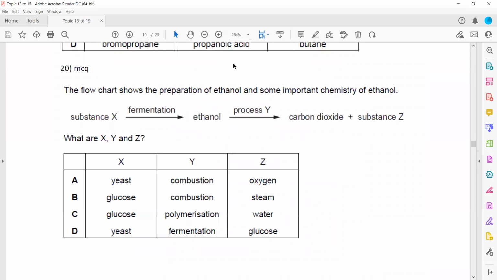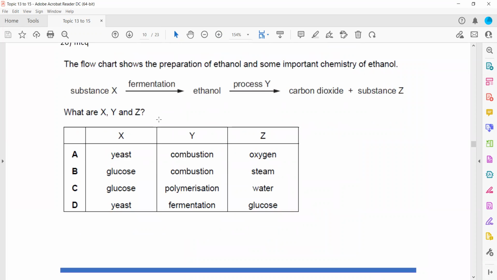In question 20, the flow chart shows the preparation of ethanol and some important chemistry of ethanol. First, substance X undergoes fermentation. Which substance X do we ferment? That is glucose. Yeast, which contains enzymes, is added to glucose.